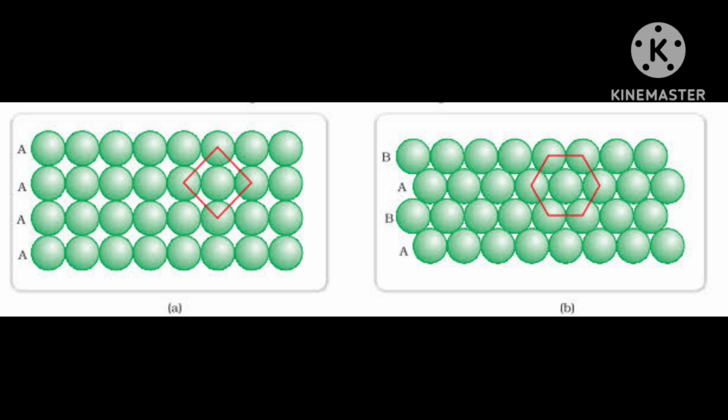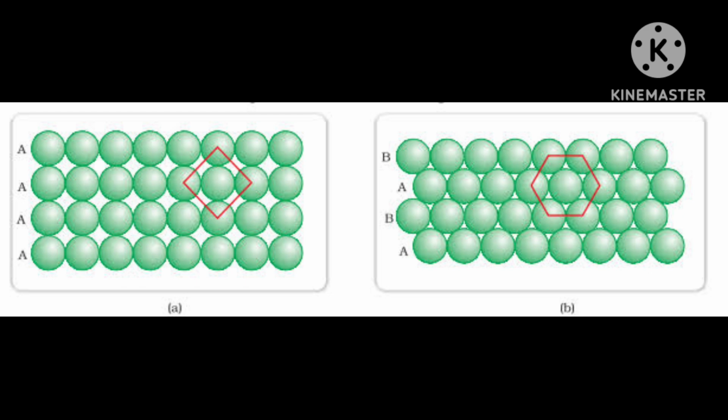Now here you will find in the middle of the hexagon, one sphere is there, touching 6 neighbors. Hence the two-dimensional coordination number is 6 in the case of hexagonal close packing of spheres, not squares, in 2 dimensions.